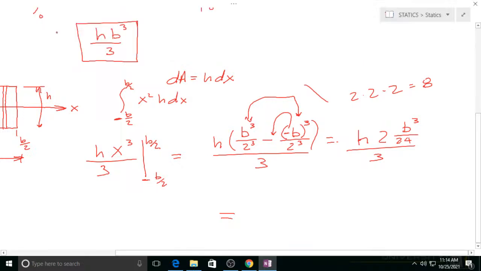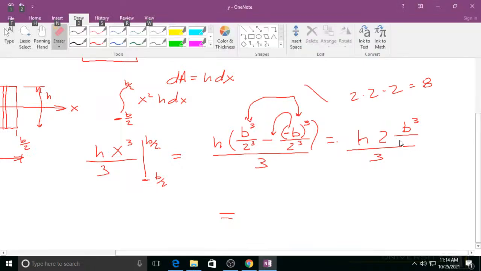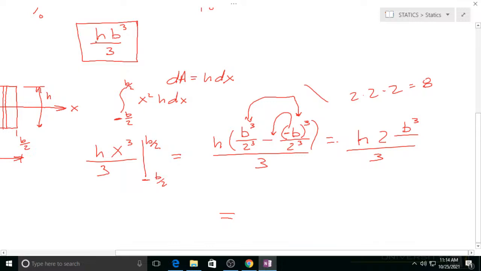Let me get rid of this. Do it like that. Get that canceling. Then I get height, base to the third, and these go together to give you 12. So the first thing you find out.